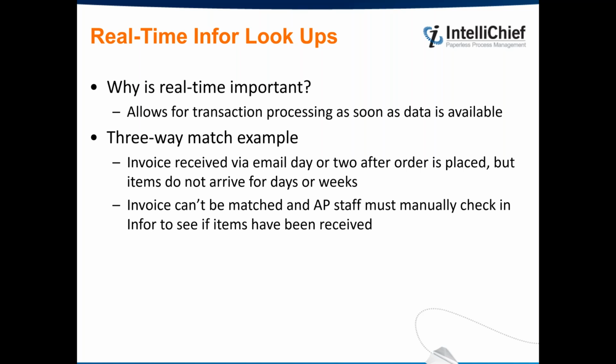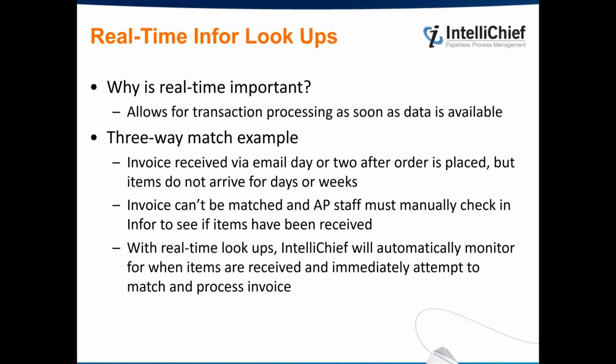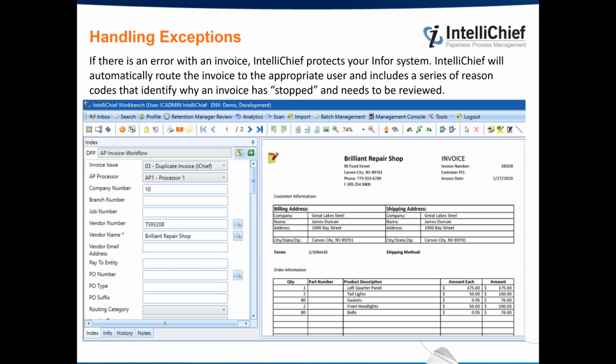And if it's not there, they back it out, put the invoice aside, and say waiting for receipts in a tray on their desk, right? Well, we've got to avoid all that. And that's what real time helps you do. It's checking for you, and it will only notify you after a certain amount of time, or whatever your business process says. So real time is doing that all on its own, right? It's immediately attempting to do the match and process that for you.